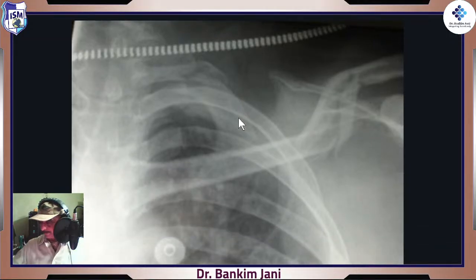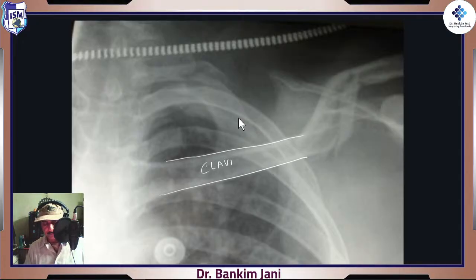This is much better. Can you identify? See, here is the clavicle. See how badly the bone is broken. Can you see?